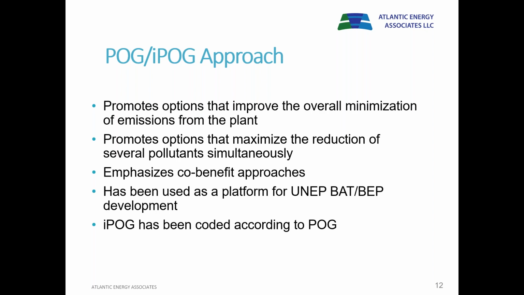Co-benefit is the term specific to mercury emissions control that describes the property of mercury in flue gas, that it can be controlled by devices that were not necessarily designed for mercury control. For example, flue gas desulfurization, as the name suggests, was designed for control of SO2. However, it happens that it can be very effective in controlling mercury as well. So co-benefit is the key term here that we try to utilize as much as we can.